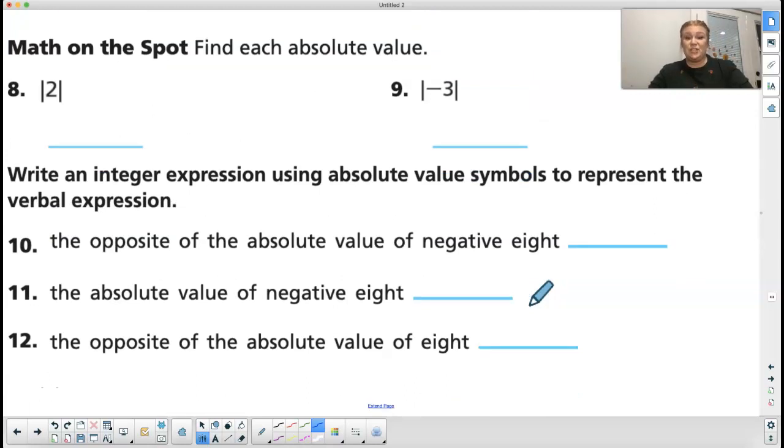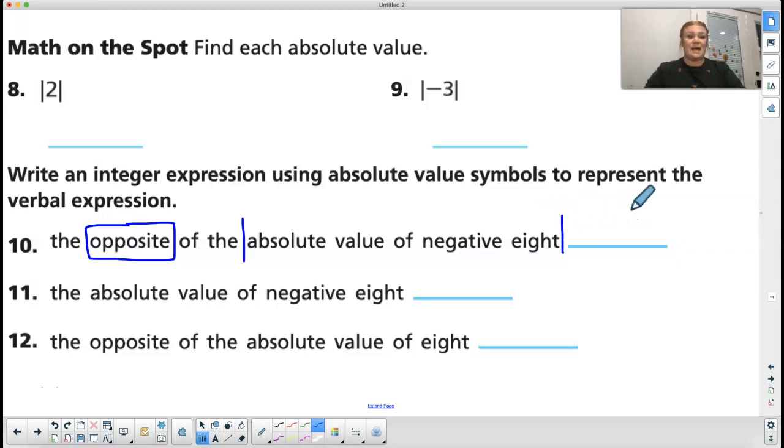Write an integer expression using absolute value symbols to represent the verbal expression. So this time we want to do the opposite of the absolute value of -8. So we're going to start here. We've got the absolute value of -8.